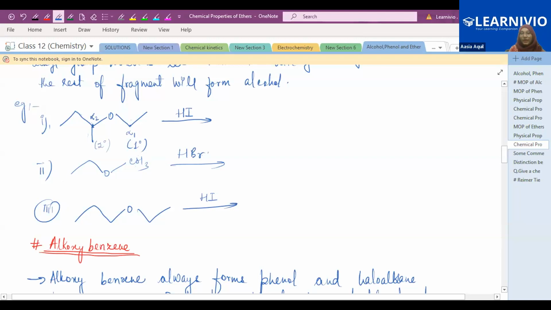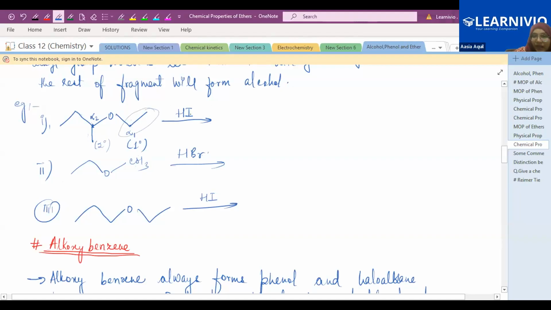You can check over here, this alpha two carbon is more hindered. It is more hindered because there is one methyl group over here and one CH2 group over here. So two heavy bulky groups are attached to this carbon, which makes it more hindered as compared to the primary one. So you will choose this primary one to prepare the haloalkane.